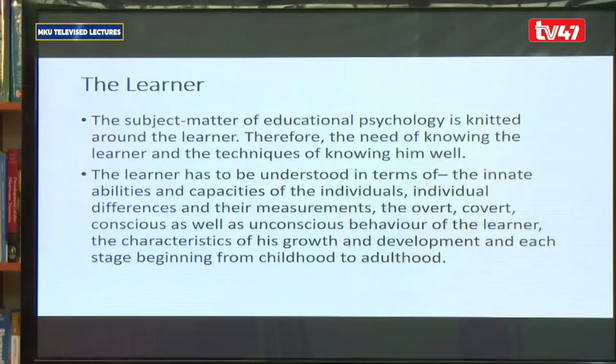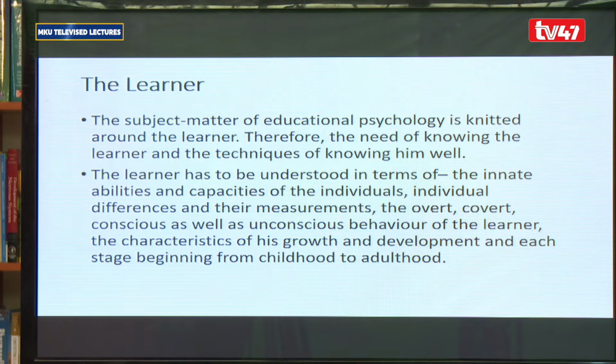So there is the learner, as I have just shown you, and we normally say this, my dear student, that if there is someone very important in the education process or in education psychology, it is the learner. John Dewey says, unless a learner is learning something, there is no teaching taking place. So as a teacher, I must always have that in mind, that my learner must be able to learn something.